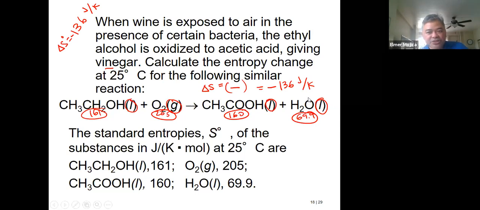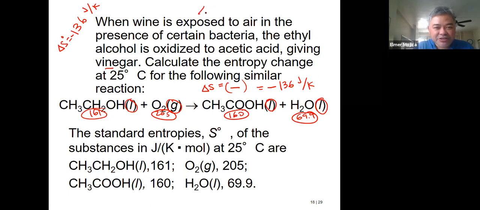Okay? So any questions so far with delta S? Because the next thing that we're going to do is about the physical quantity that we can use to determine if a given reaction is going to be spontaneous or not.